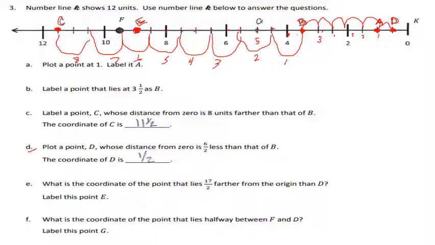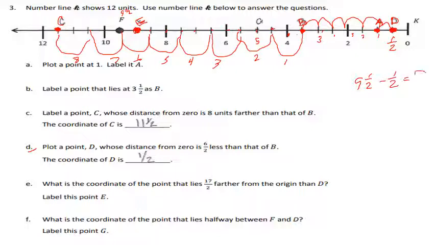And last one down here: what is the coordinate of the point that lies halfway between F and D? Well, I can see here that D is actually at the 1/2 point. F, which is at the 9.5 point. Now, one way to do this is I can take 9.5 minus 1/2.